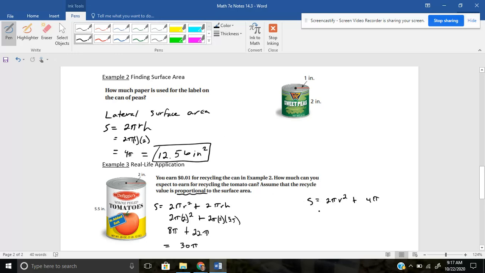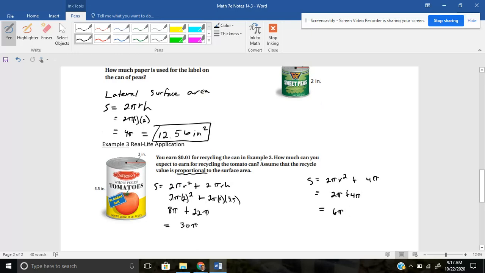So that kind of simplifies that. This would be simplified to 2 pi plus 4 pi, which would give me 6 pi. Okay, so for my peas, my total surface area is 6 pi.